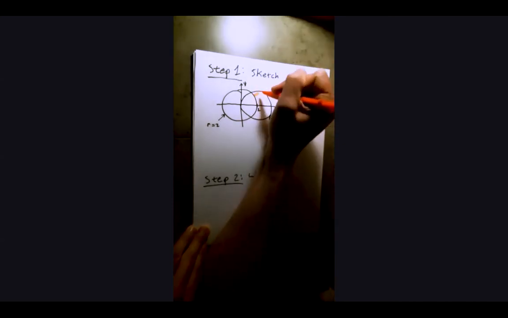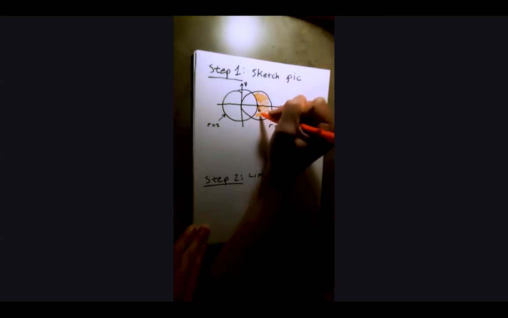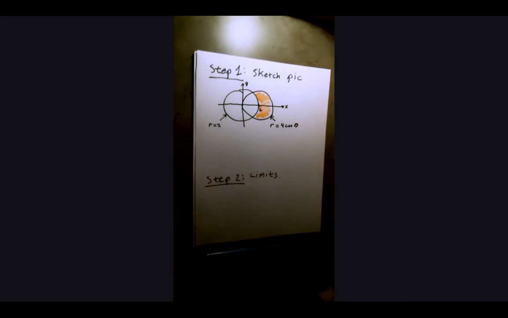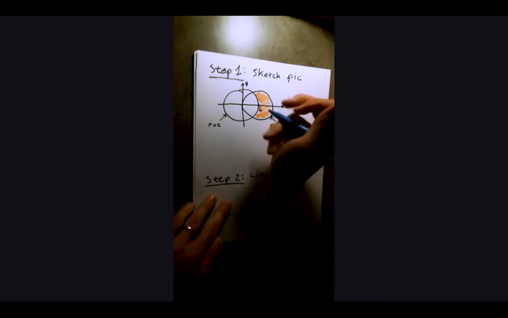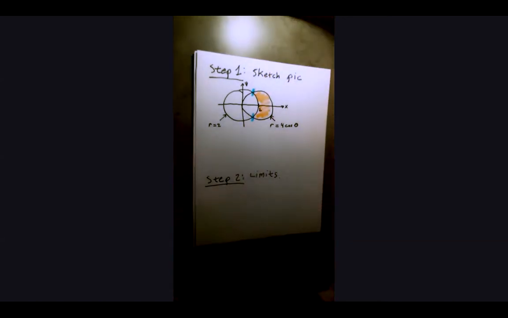So we're after this region here. Okay, that's great. And we're going to need to find where the two curves intersect, so I want to highlight those points and talk about the process for finding them.